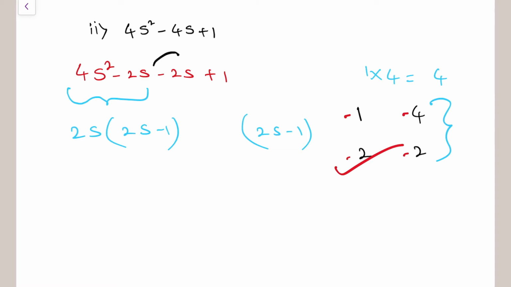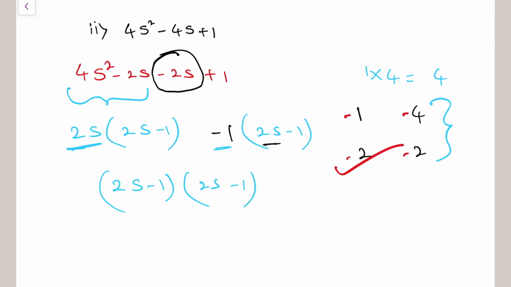The third term is minus 2s, right? Already 2s I wrote inside the bracket, then write the minus symbol here, nothing but minus 1. So inside the brackets 2s minus 1 is there, so write it once, 2s minus 1 into here extra 2s, here extra minus 1. So the factors are 2s minus 1 into 2s minus 1.